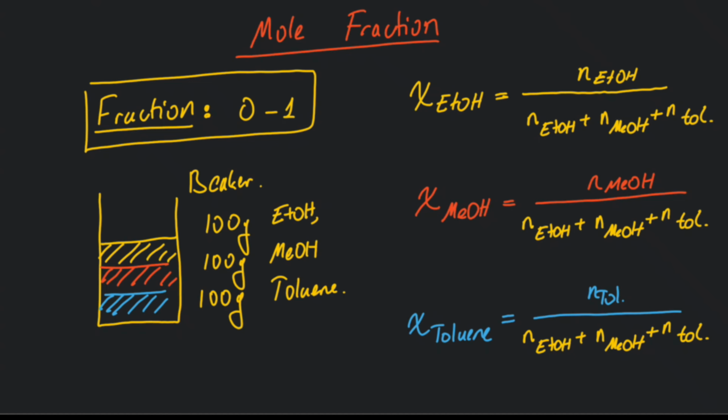Since I have to calculate the mole number. Ethanol molar mass is 46.01 gram per mole. Methanol 32.04 gram per mole. Toluene 92.14 gram per mole.